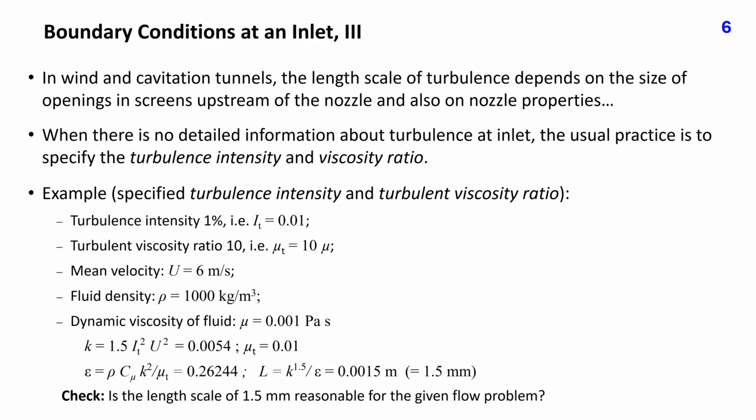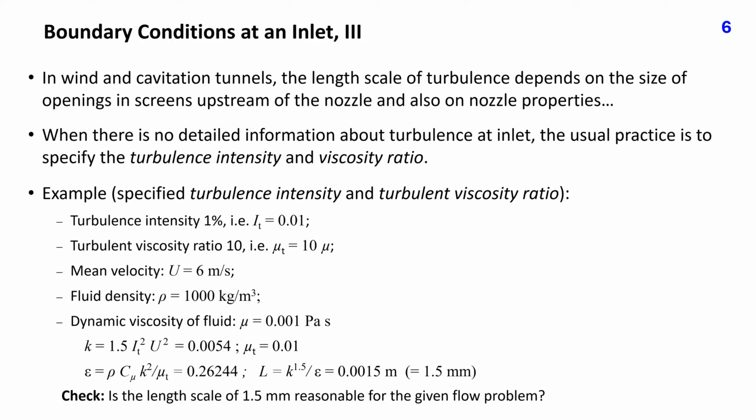From the prescribed turbulent viscosity ratio and the specified fluid viscosity, we obtain mu T equals 0.01. We can now use the definition of turbulent viscosity in k-epsilon turbulence models to compute the dissipation rate. Epsilon equals rho C mu k squared divided by mu T, resulting in 0.26244.